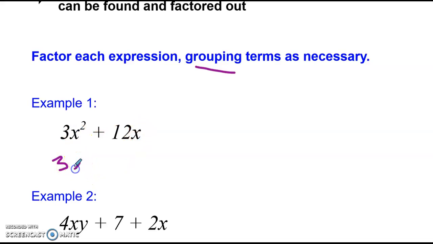So I can factor out 1x. And that leaves me with 3x times (x plus 4). All right, so we've gone ahead and factored that one. There's nothing left in the parentheses that I can factor out. And that's just to demonstrate what we're looking for when we're factoring. We're always looking for common terms, common factors that we can divide out of terms.